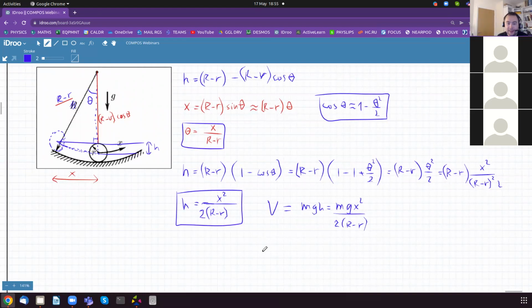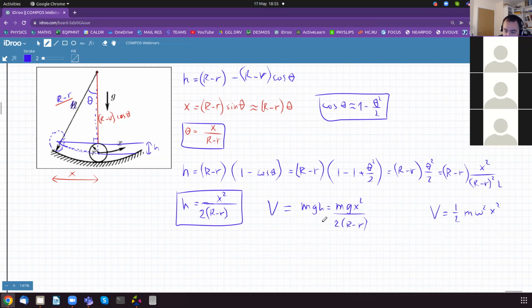Now, interestingly, you will see in the assignment that the potential energy of an oscillator is 1/2 m omega squared x squared.